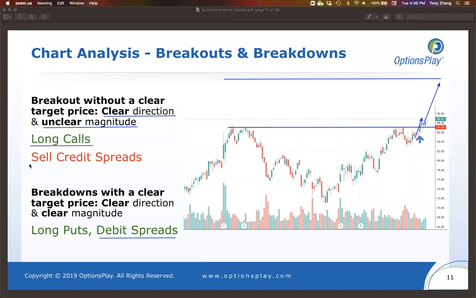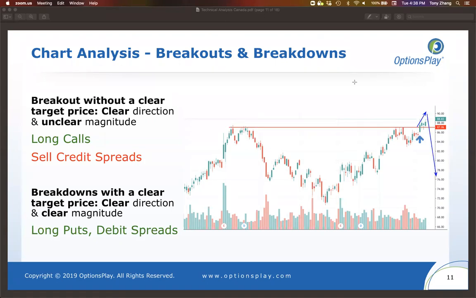Or you can sell a credit spread, because a credit spread basically says that as long as the stock doesn't go back below the 87 level, so now that it's above that 87 level, I'm going to make money on the credit spread. So once it breaks above that resistance level, as long as you believe that new resistance level will hold, you can sell that credit spread, especially if you don't really think the stock's going to make a big move to the upside.